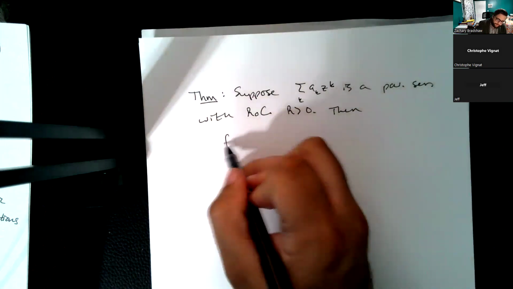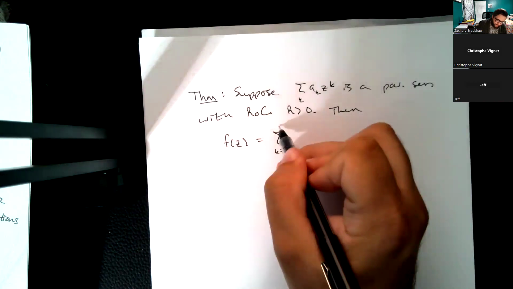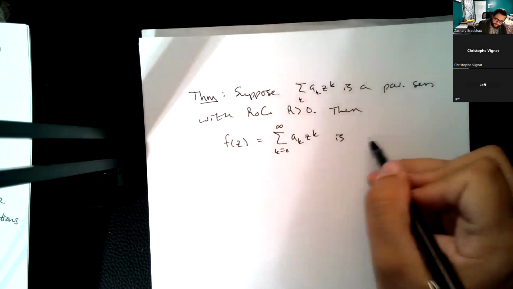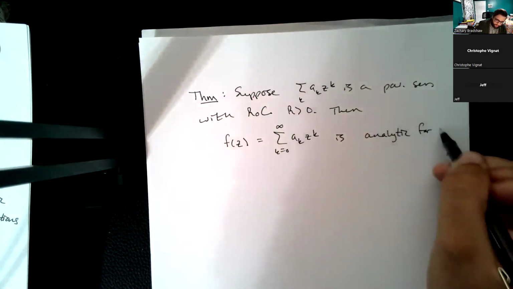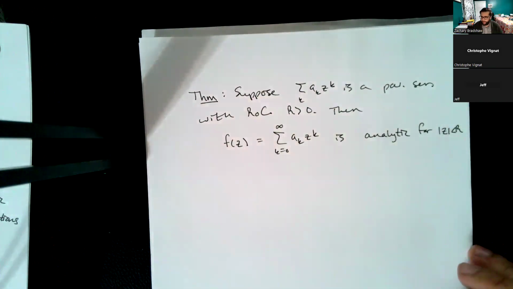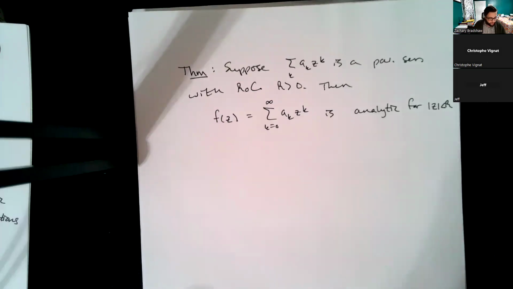Then the function defined by the power series is in fact analytic on the disk of radius r. Okay.